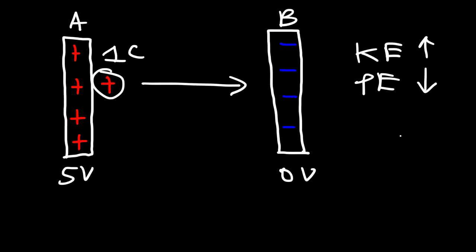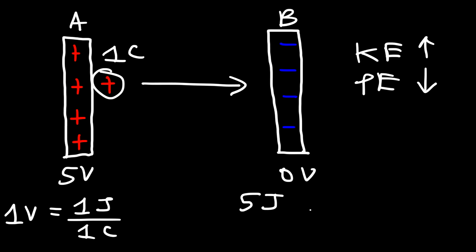In this case, keep in mind 1 volt represents 1 joule per 1 coulomb of charge. So when a 1 coulomb charge moves through a potential difference of 5 volts, 5 joules of work is being done on that charge. Now, whether the work is positive or negative depends on the situation.